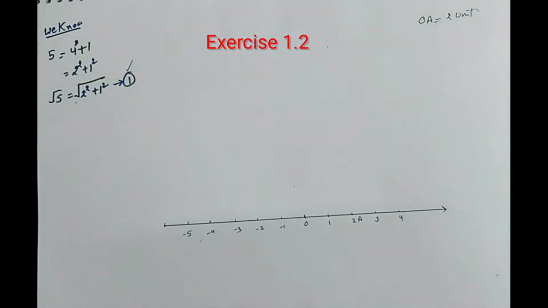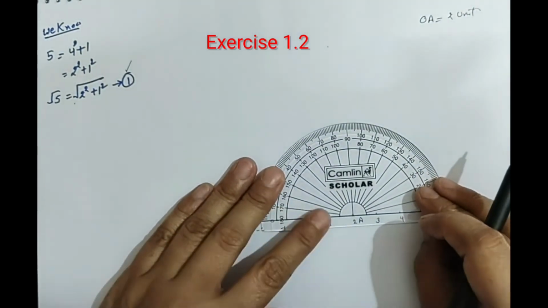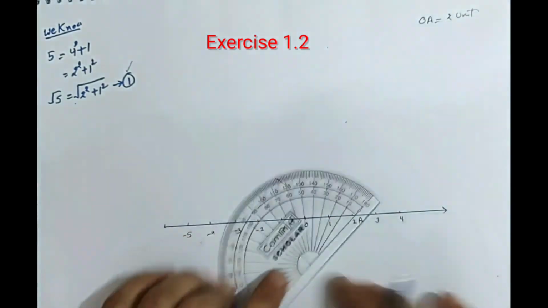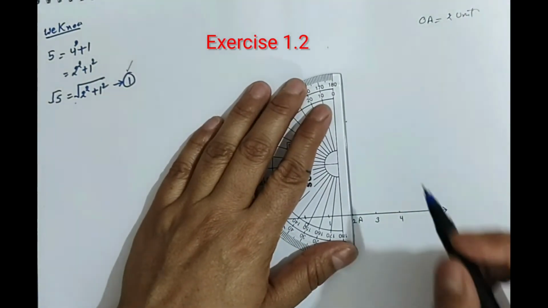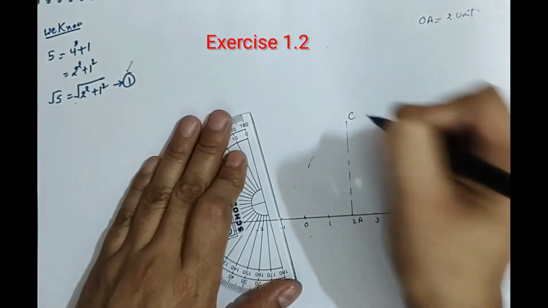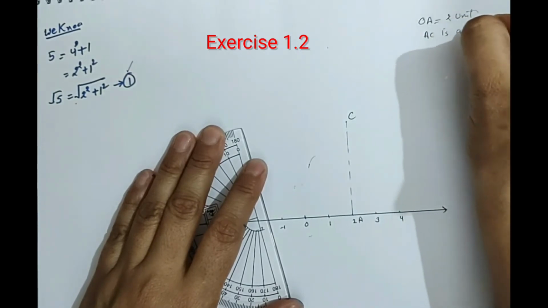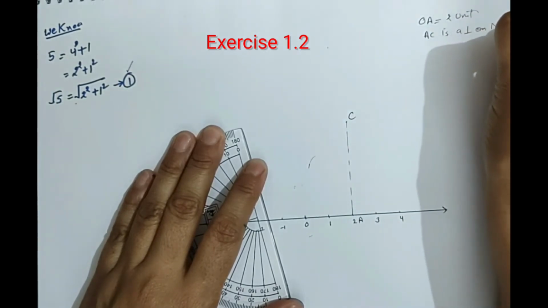Next step here, I will draw perpendicular from A on number line. So this is my A, and this is my perpendicular on A. So AC is a perpendicular on number line.